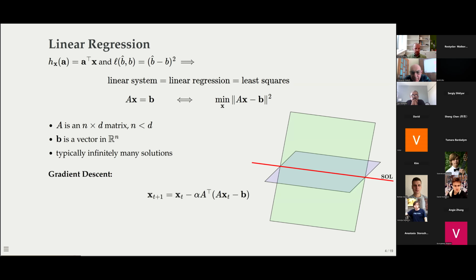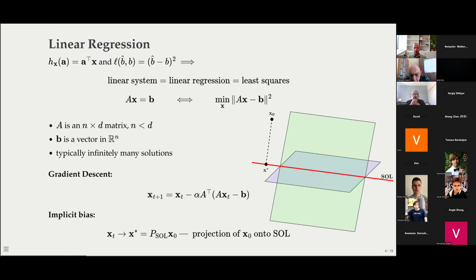We want to run gradient descent, which in this case has the representation on the slide. Of course, if the step size alpha is chosen small enough, we will converge to a solution. But what is interesting is that we converge not just to a solution, but to a very specific solution.